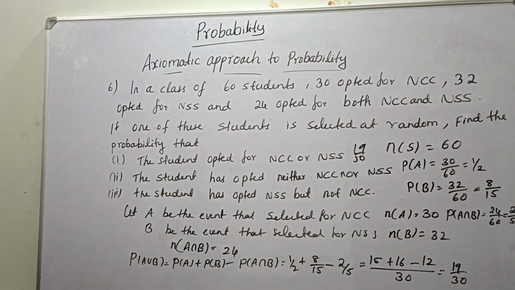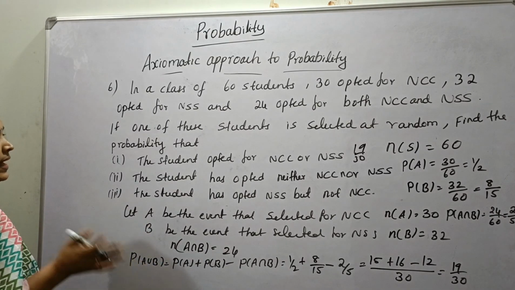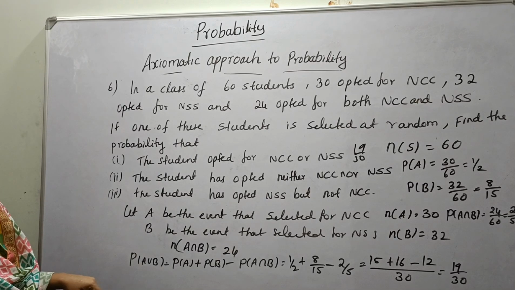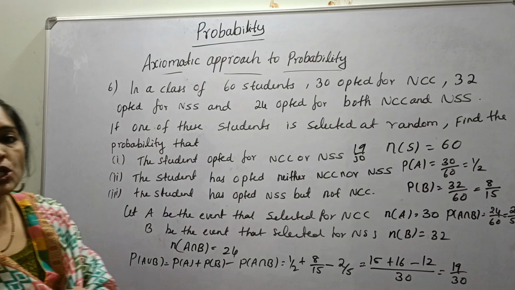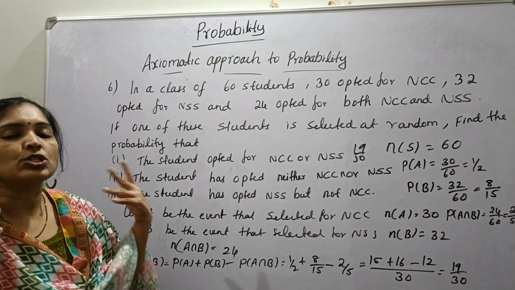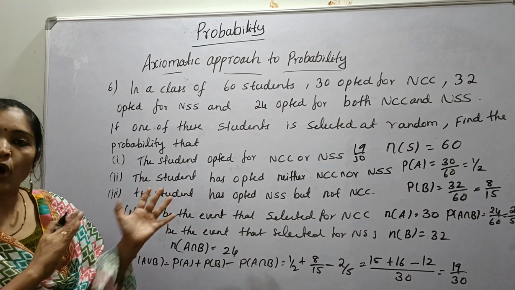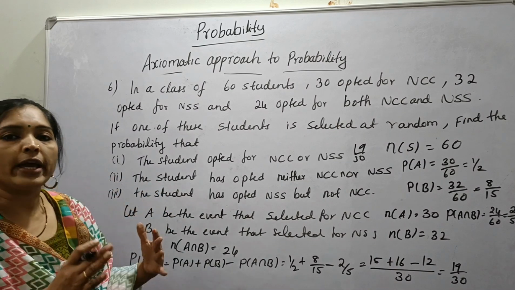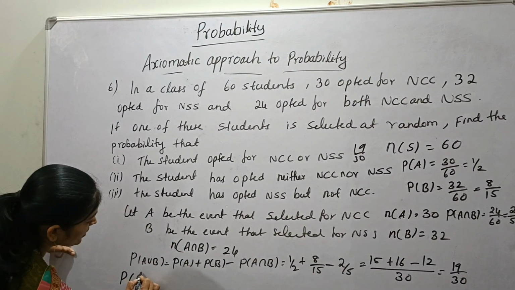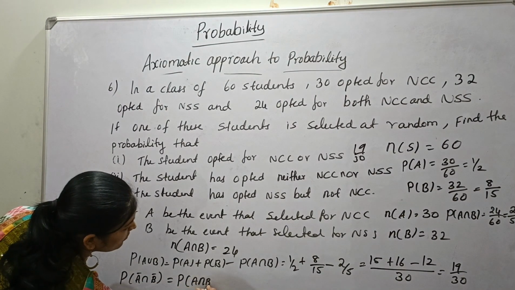Next is the student has opted neither NCC nor NSS. How can we write neither NCC nor NSS? That means probability of A complement intersection B complement, because it is not A and not B. So probability of A complement intersection B complement is nothing but probability of A union B whole complement.